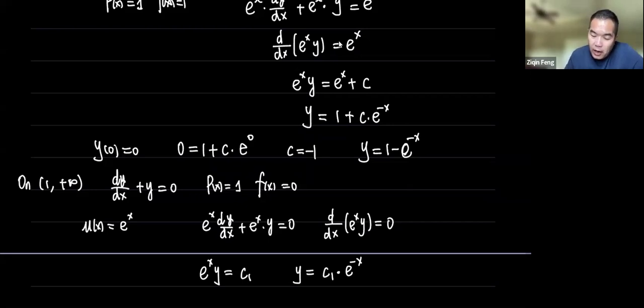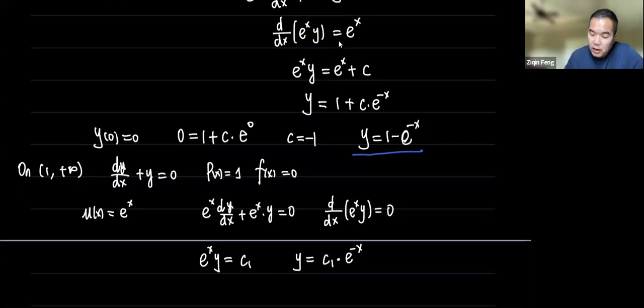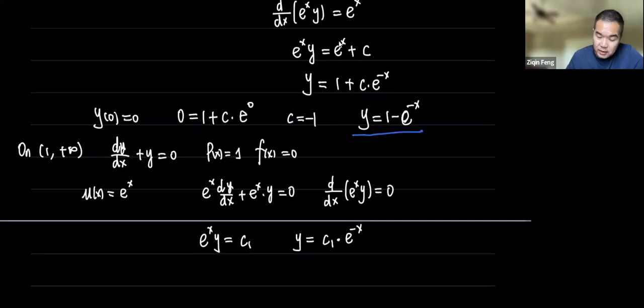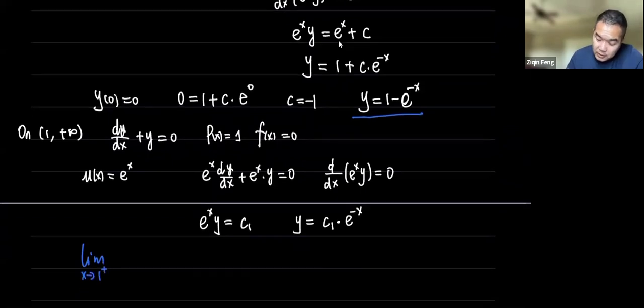On the first half of the function, y of 1 is, no, not 0, sorry, y of 1 is 1 minus e to negative 1. So it has to be continuous. We know that as x goes to 1 on the right side, the function y, using this formula, is C1 times e to negative 1.